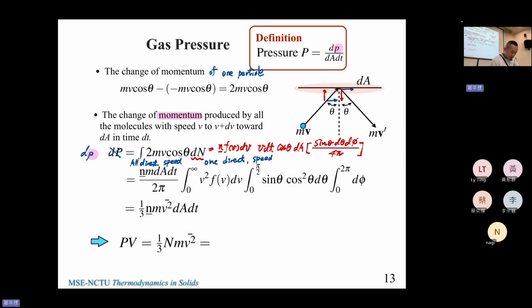So you see now v squared times n, and some constant go out of the integration symbol called v dv, from 0 to infinity. So you see v squared. This is the root mean square velocity, right?